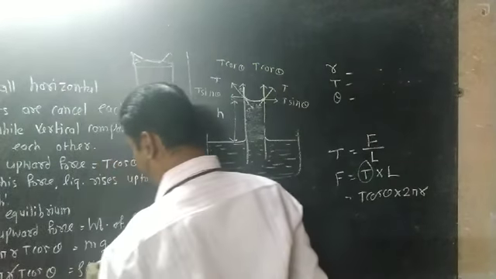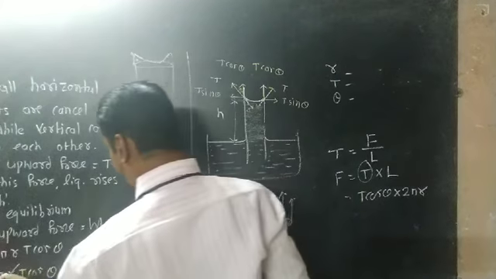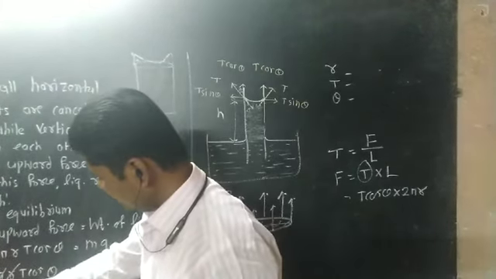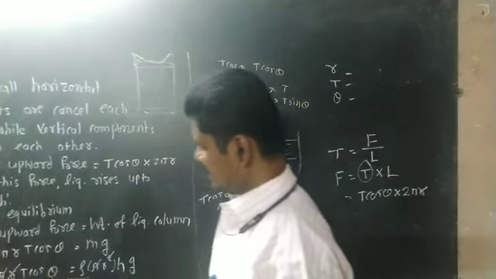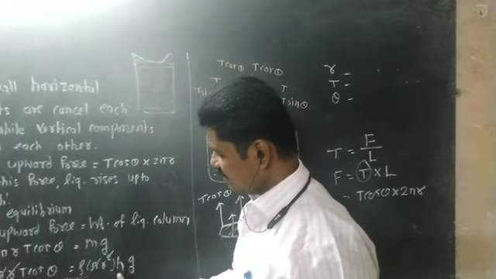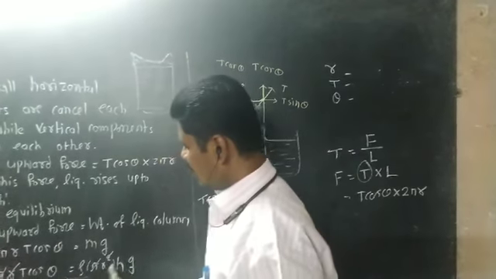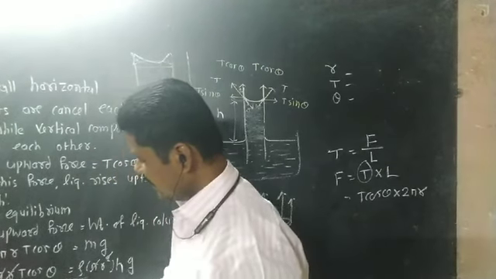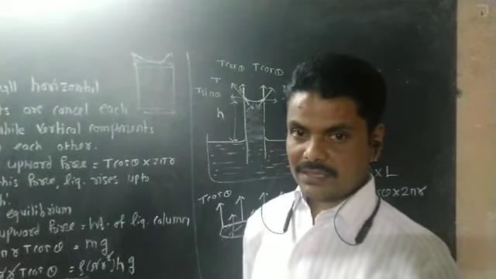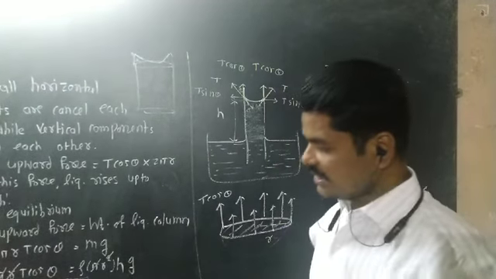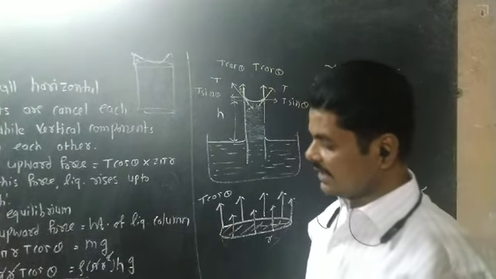Here the r gets cancelled, pi also gets cancelled. Therefore on the right side you have the terms only, 2T cos theta is equal to rho r h g, and therefore h is equal to 2T cos theta divided by r rho g.